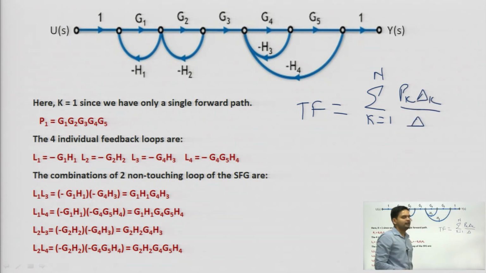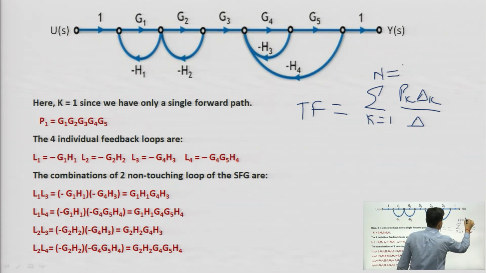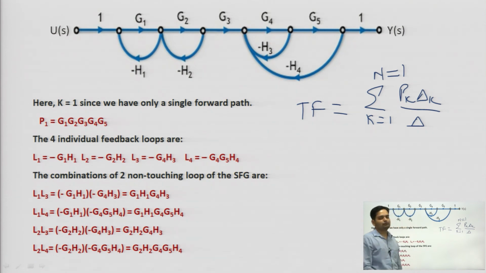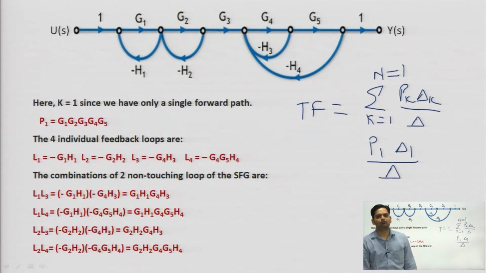First we need to determine p subscript k. Here you can see only a single path is available because other paths are looped. So, the number of forward paths is 1, right. So, here n is equal to 1, it means this whole thing would be p1 del 1 over delta, because if n is equal to 2, then we write p1 del 1 plus p2 del 2 over delta.